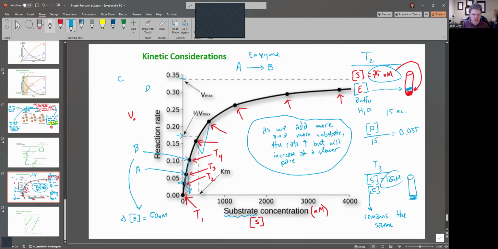So on my x-axis, that difference is a pretty narrow range. So from right here to about here. Okay, so right there, it's about 50 nanomolar.